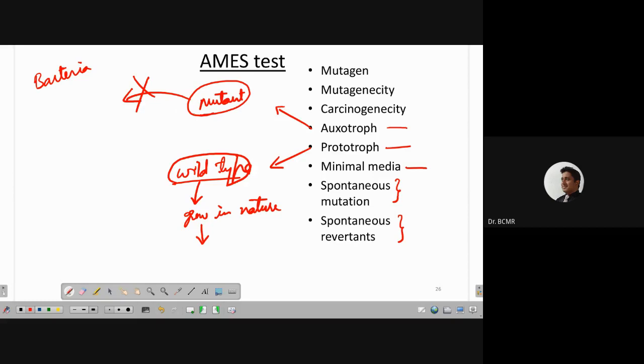Those are called auxotrophs. That means there is a deficiency in metabolic genes, whereas wild type has all the genes.